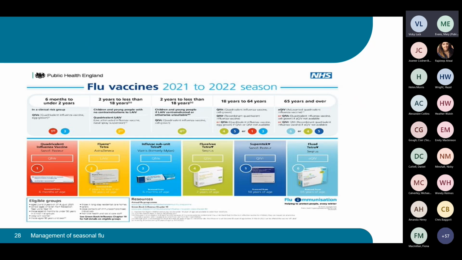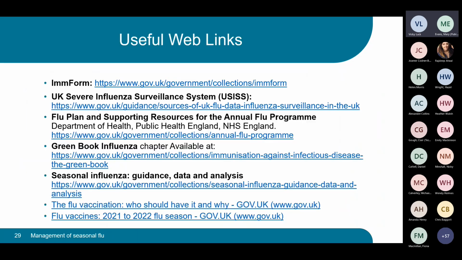This is general literature that's available to those who are administering vaccines. You might see these on GP practice walls, and it goes through the different types of vaccines and who they should be prescribed to. So it's quite clear.